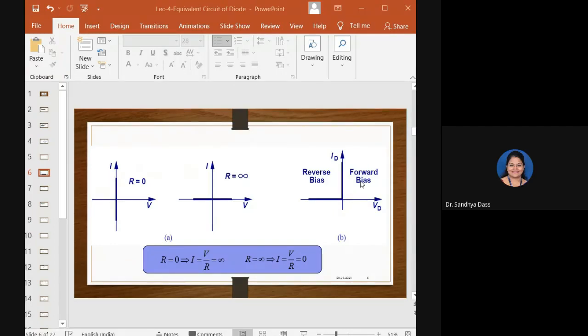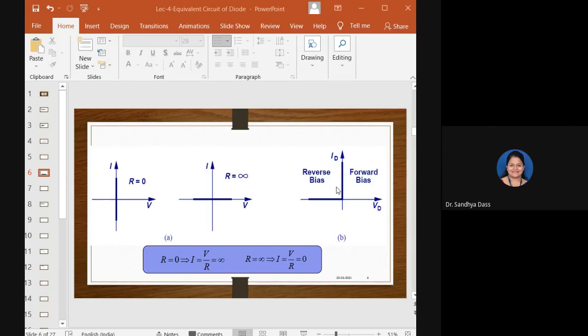There will be 0 forward resistance, 0 forward voltage drop, all right, and infinitely high reverse resistance; RR will be high, maximum. So typically, as you can observe here, the slope of the forward characteristics is infinite, isn't it? That represents this vertical line.